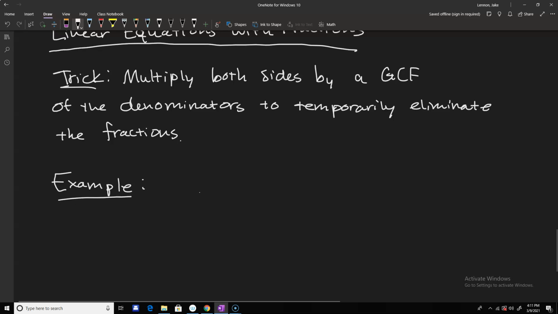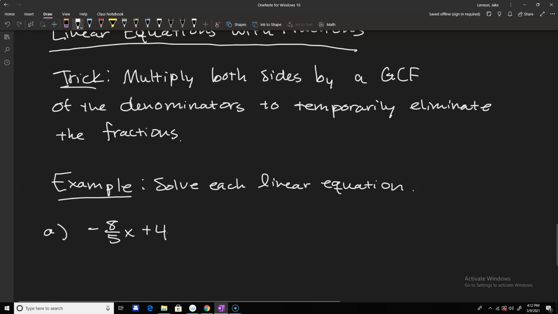So let's say solve each linear equation. So A, let's say we have minus 8/5 x plus 4x, I forgot the x, and that, say, is equal to 1/4 x plus 43 over 4.